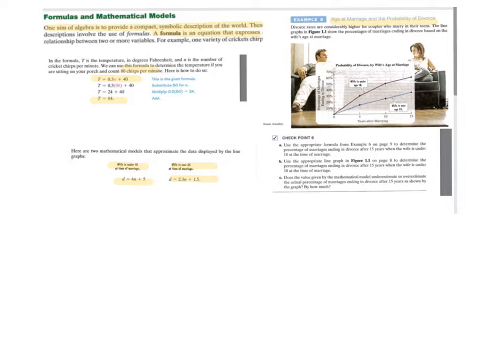The first question is, use the appropriate formula from example 6 on page 9, which is this one, to determine the percentage of marriages ending in divorce after 15 years when the wife is under 18 at the time of marriage. So we are looking at the formula for under 18, D equals 4n plus 5. All we have to know is how many years, n standing for the number of years.